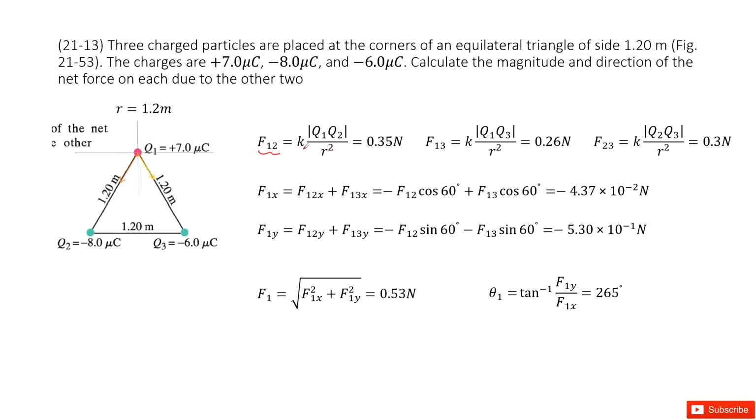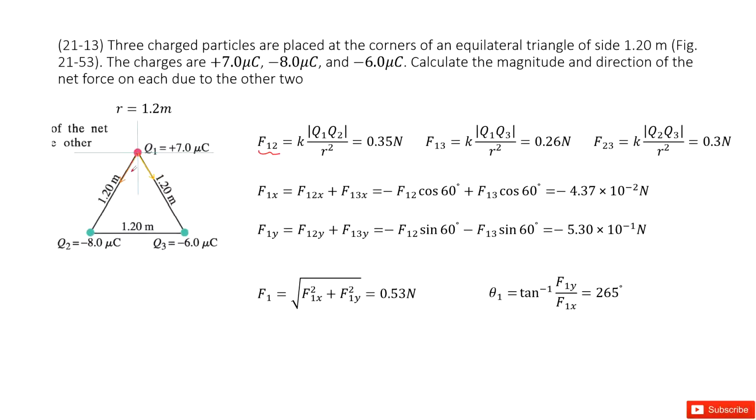You can input the known quantities and get the answer. Very similarly, we can find the magnitude of the electric force for particles 1 and 3, and the magnitude of the electric force between particles 2 and 3. Write it as there.